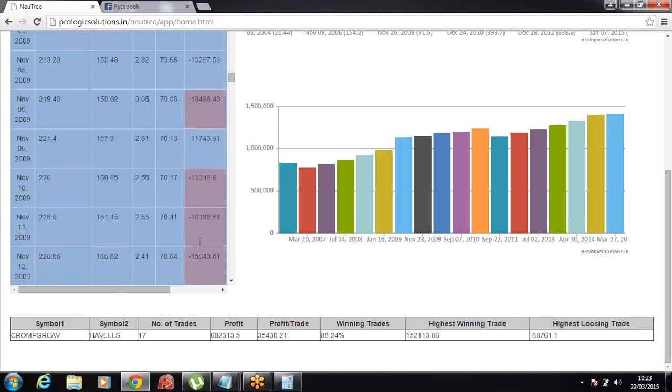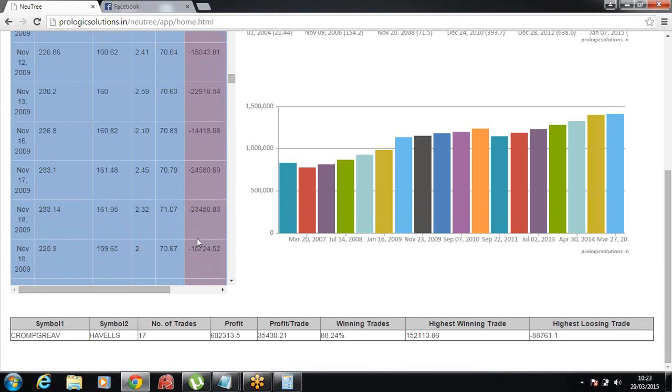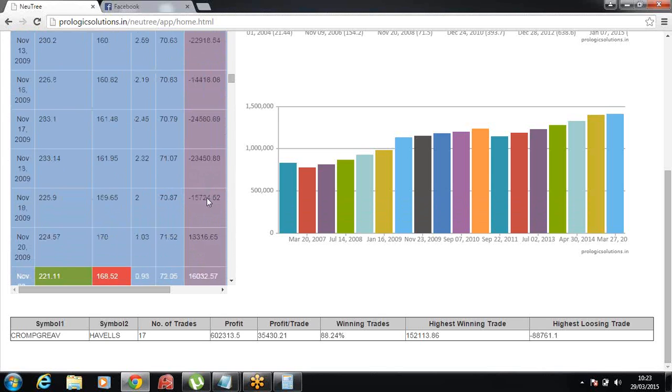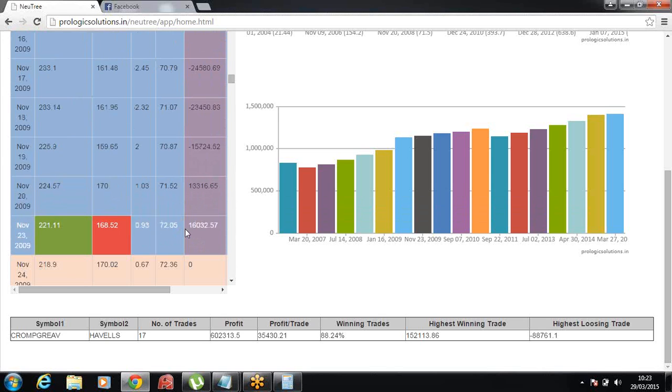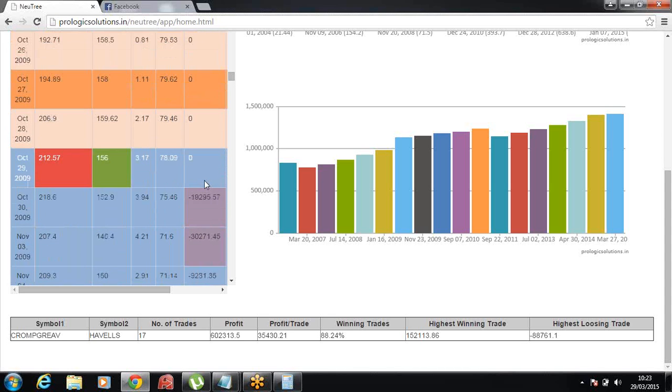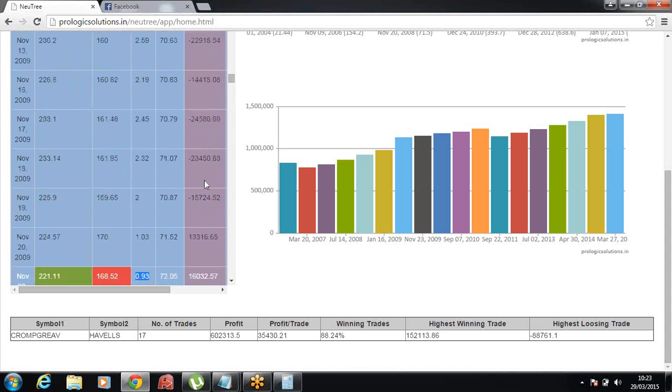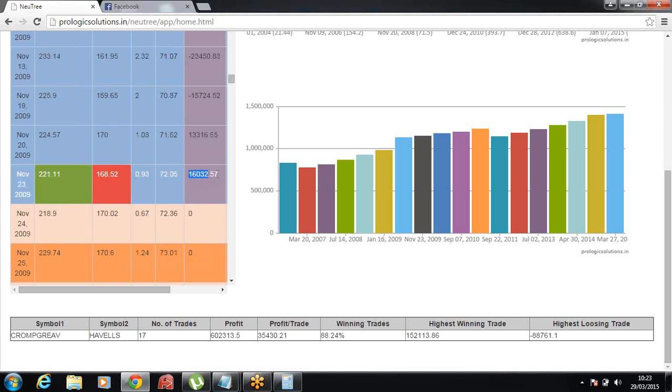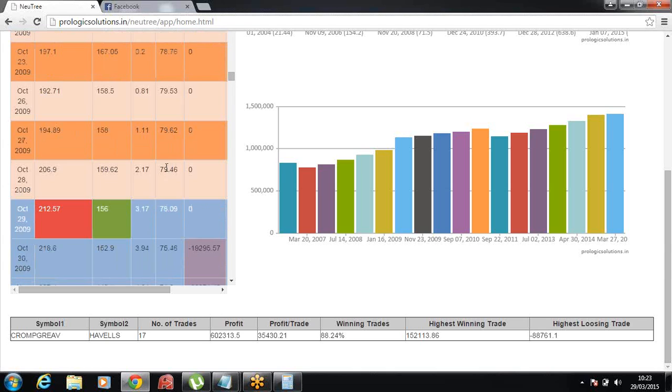It came under loss, went to 24,000 rupees loss, and then finally it ended at 16,000 rupees profit when the Z-score became 0.93. So that is how the whole system works. Now you have seen losses, but at the end of the day, you will book some amount of profits provided your Z-score comes to 1 and you follow these conditions.